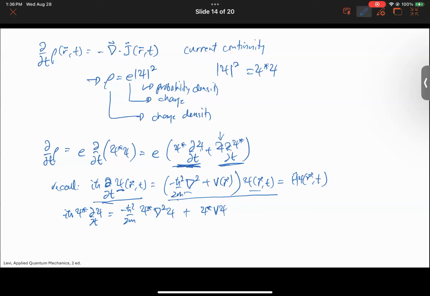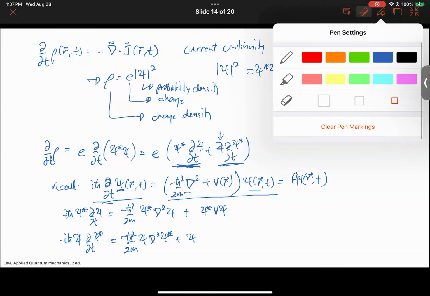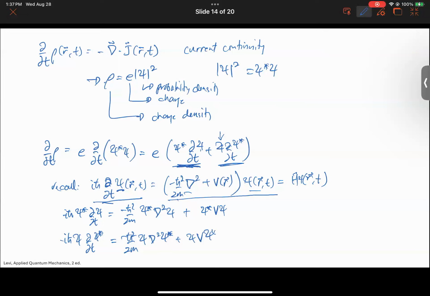So we have negative i h bar psi, and then yung complex conjugate niyan, which will be equal to negative h bar squared over 2m psi del squared psi star plus psi V psi star.